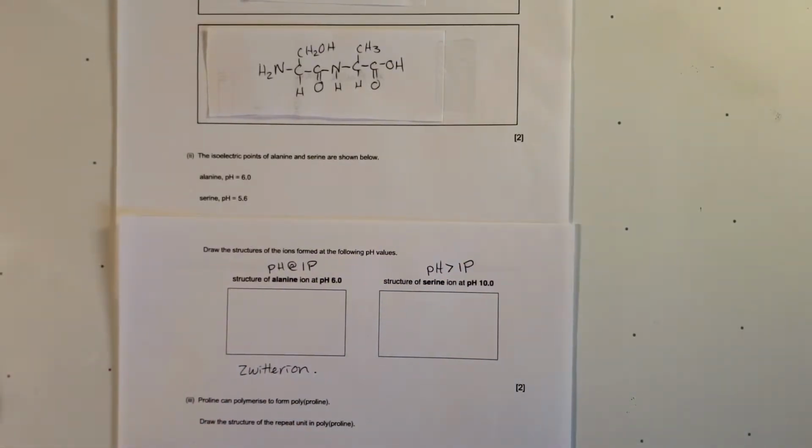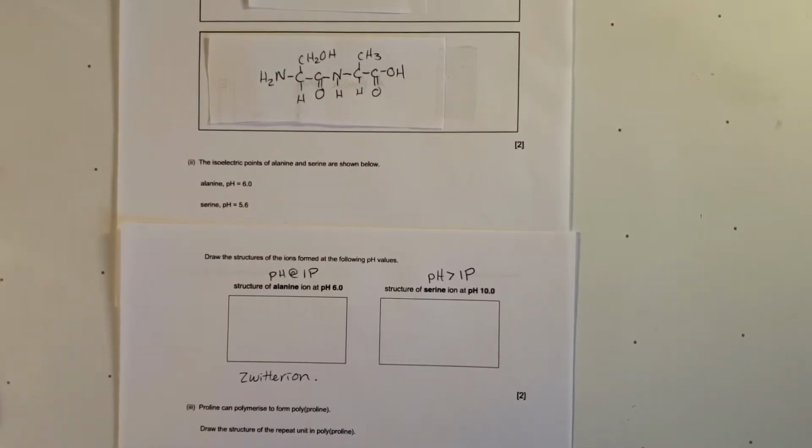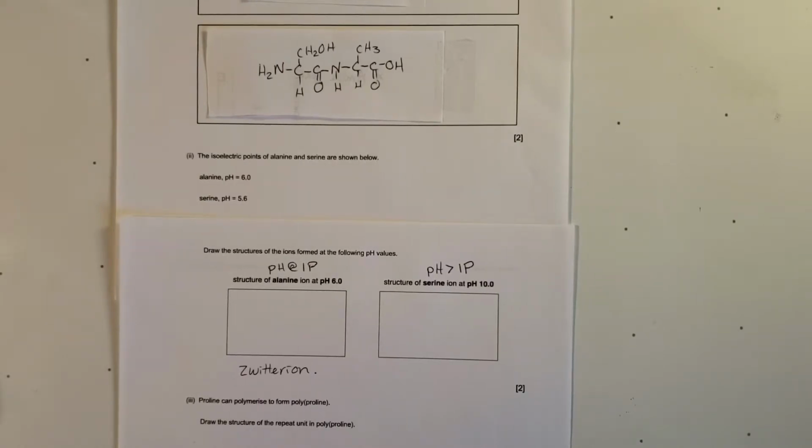So if we think back to that video when I talked about amino acids, that's in that original polymer video, the Zwitter ion, we're going to have an NH3 plus and the carboxylic acid functional group is going to become COO minus.